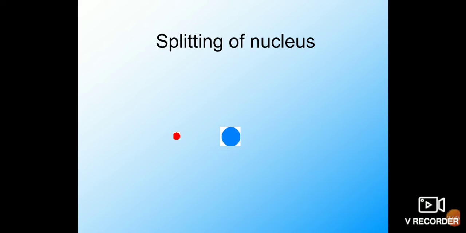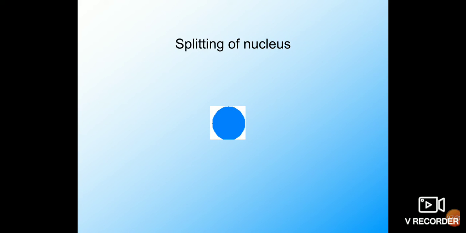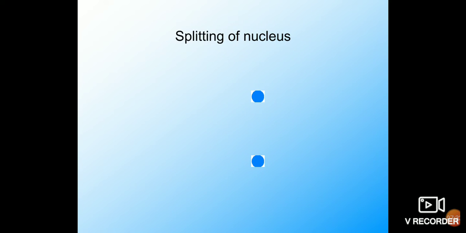So see here how that nucleus gets penetrated by that lighter particle. Suppose a lighter particle is bombarded on the nucleus, then this particle gets absorbed by that nucleus, and an uncertain stage is there, and then this nucleus gets split into two different atoms.